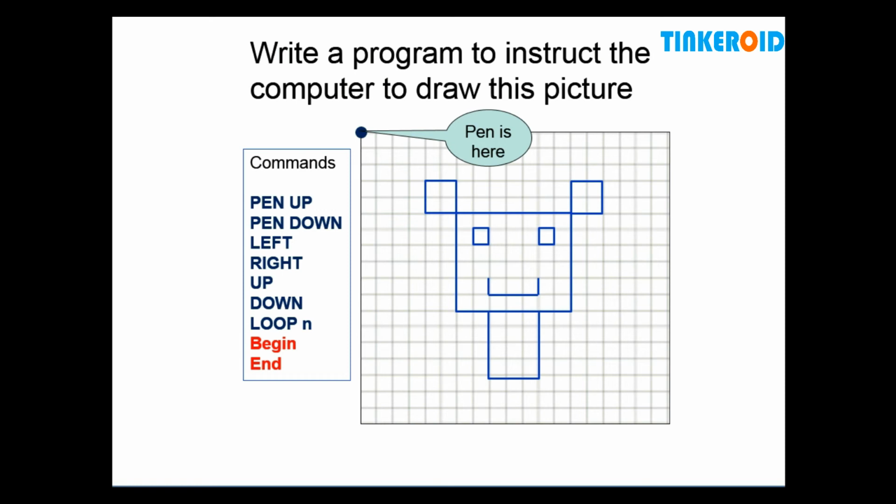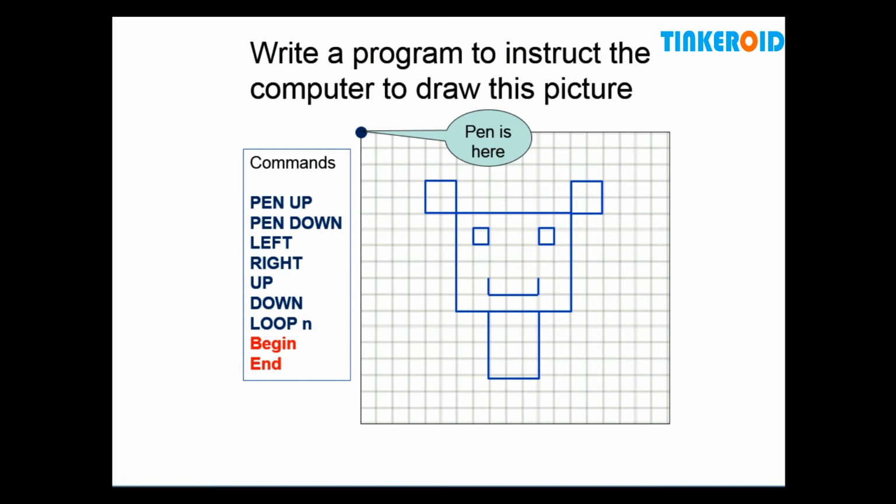Now what you need to do is take a sheet of paper individually and start writing the program, using the commands pen up, pen down, left, right, up, down, loop N, begin, end.